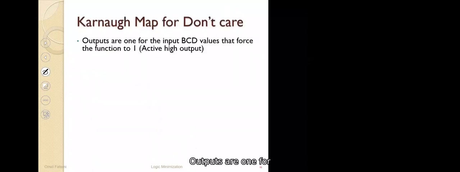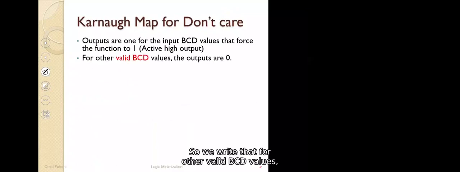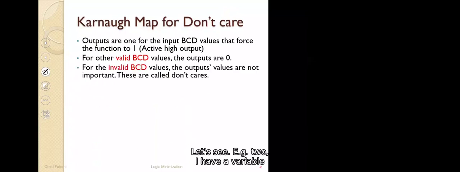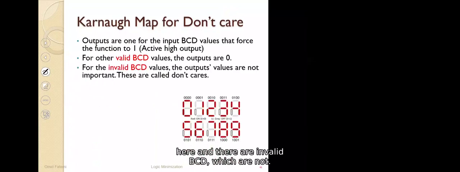So outputs are 1 for the input BCD values that force the function to 1. So we write that. And for other valid BCD values, the outputs are 0. And there are invalid BCDs. Okay, here is an example. Let's say, for example, we want to find the function of, we had 7 outputs.